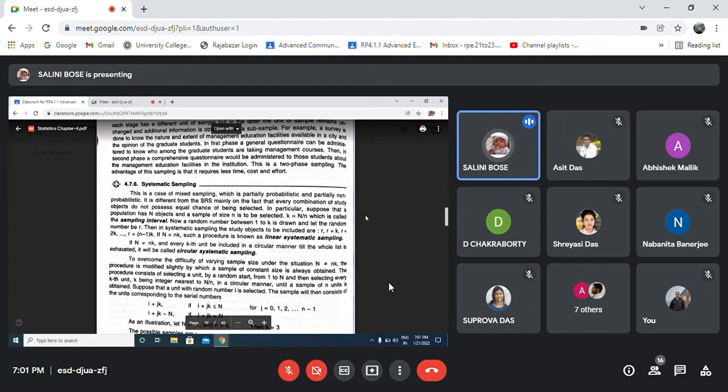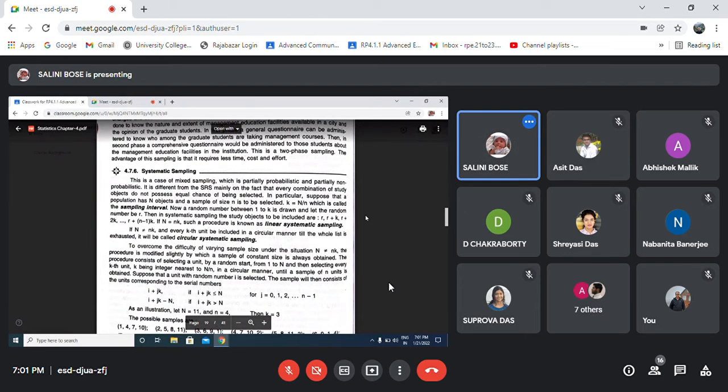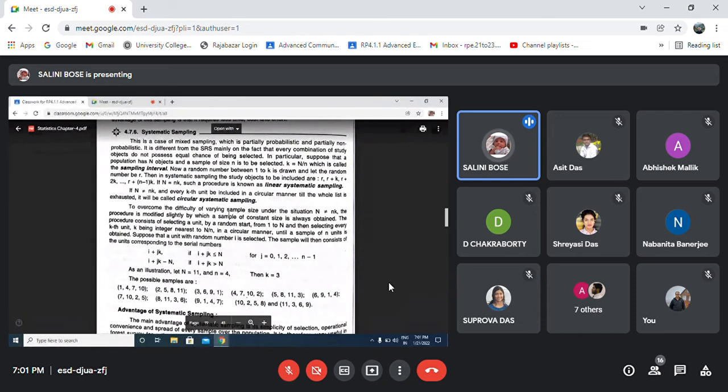How? Just see this example. Suppose your population size is 11 and your sample size is 4. So what will be the interval? Interval k will be 11 by 4. দেখো, 11 by 4 আমি যদি 2 দিয়ে করি তাহলে এটা অনেকটা কমে যাচ্ছে, so I can take 3, because 4 into 3 is just near about 11.